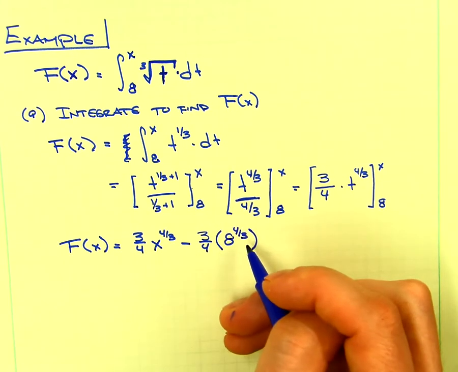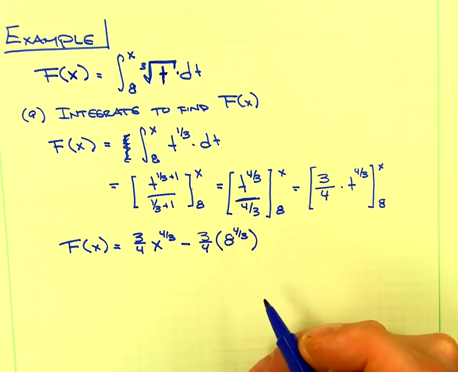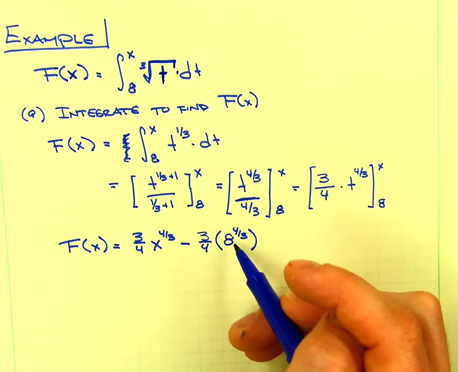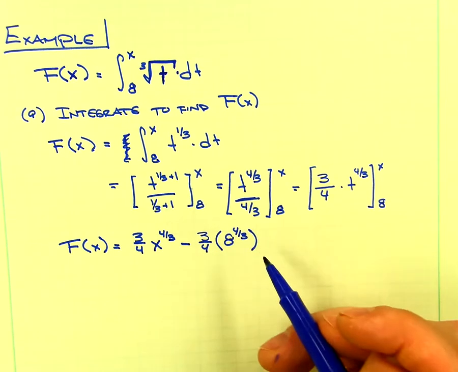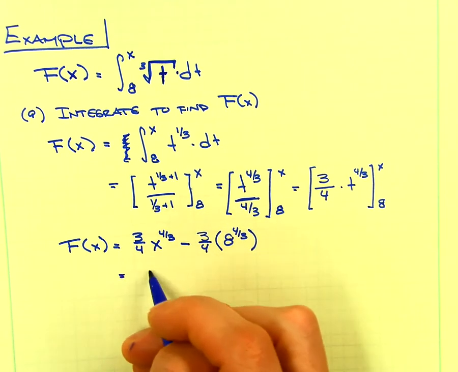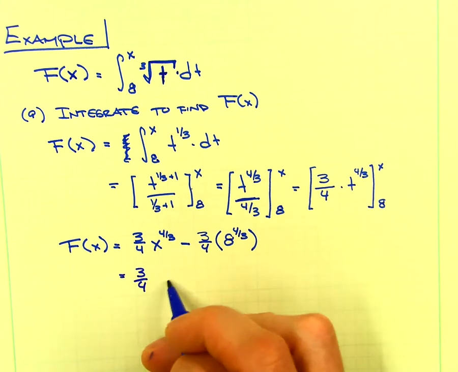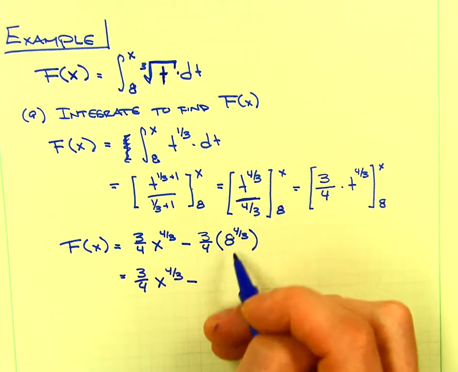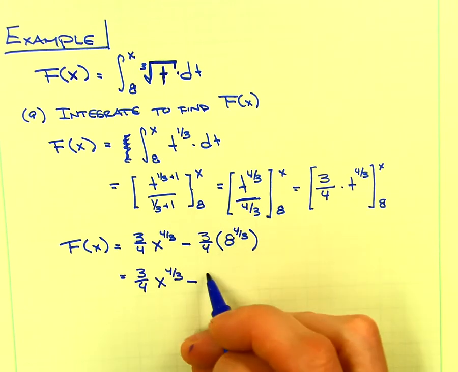Now 8 to the 4/3, cube root of 8 is going to be 2, and then 2 to the 4th power is 16. So I can rewrite this as 3/4 x to the 4/3 minus 3/4 times 16.